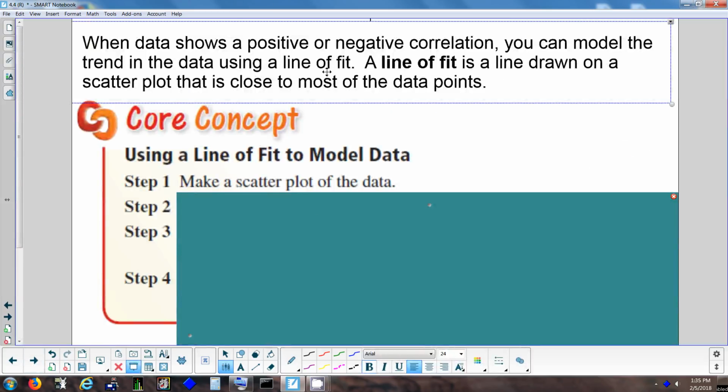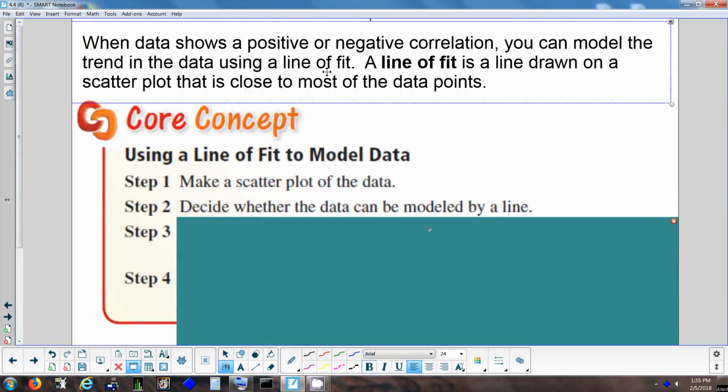Next thing, decide whether the data can be modeled by a line. So now you look at it. If it looks like all the dots are kind of going down to the right, that's negative. If all the dots are in a pattern going up to the right, that's positive. If they're all over the place, you can't do it. What do we call it if the dots are all over the place?